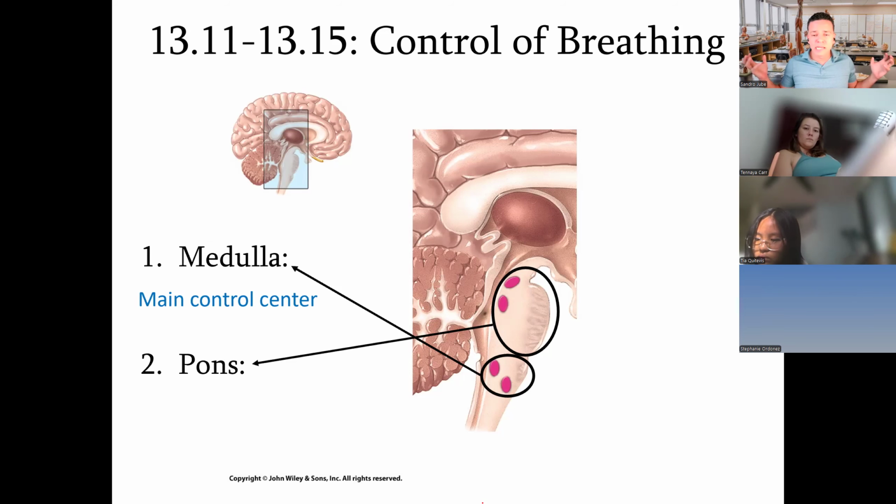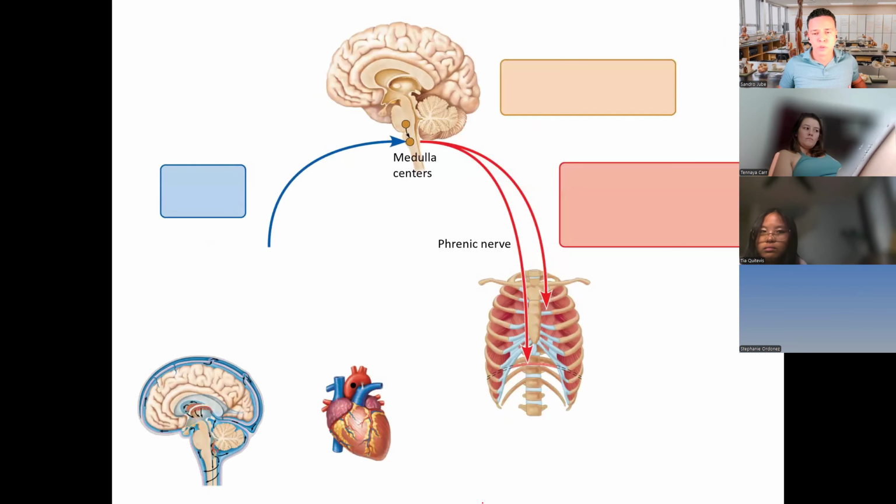Okay, and all of the signals are going to arrive at the main control center in the medulla, and that is going to innervate our diaphragm and our external intercostal muscles through those two nerves right here. We have the phrenic nerve, you can see here, coming from the medulla center and innervating the diaphragm, controlling the diaphragm.